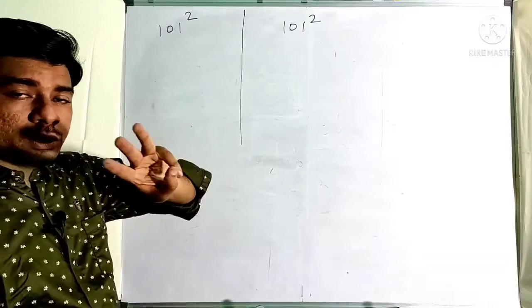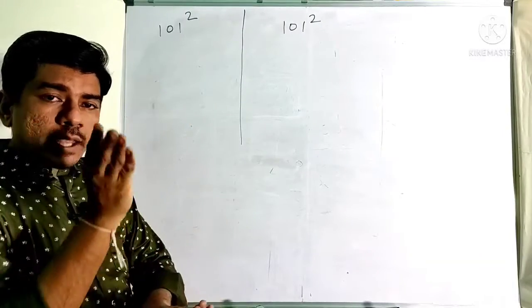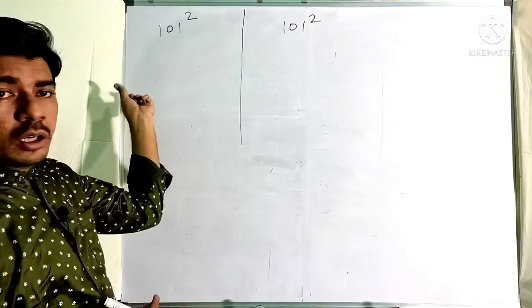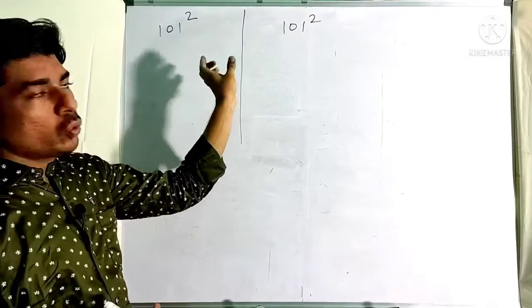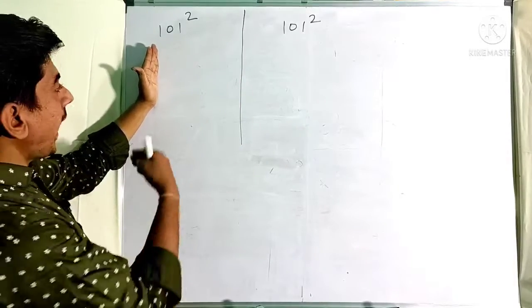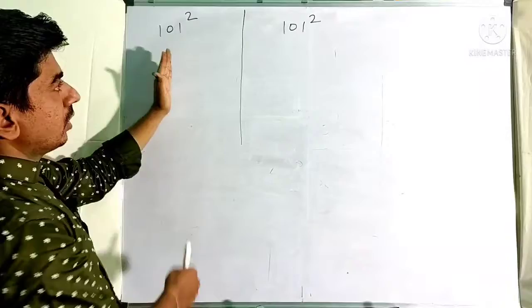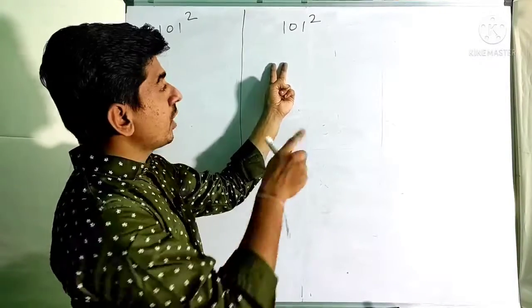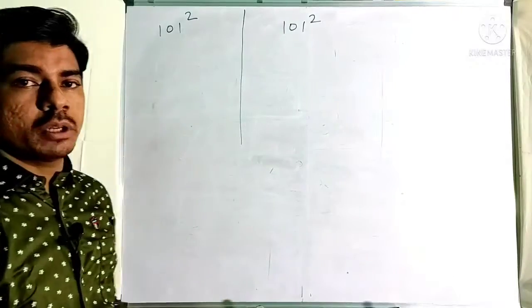Here the number of digits is 3. You cannot exactly divide it into 2 equal parts. You can either divide it into 1 and 2, or 2 and 1. That means you make one part a 1-digit number and another a 2-digit number, or you can make the first part a 2-digit number and the second part a 1-digit number.